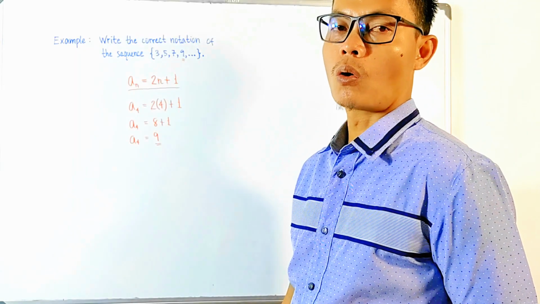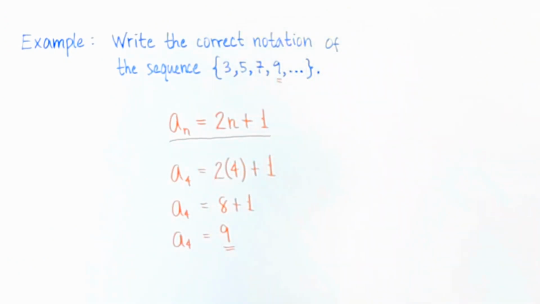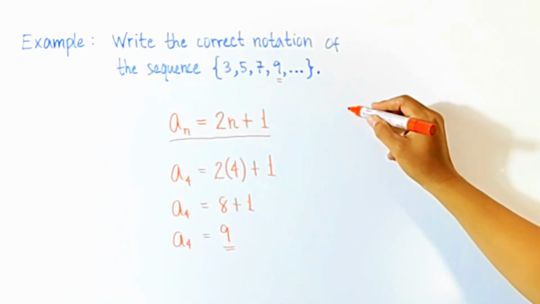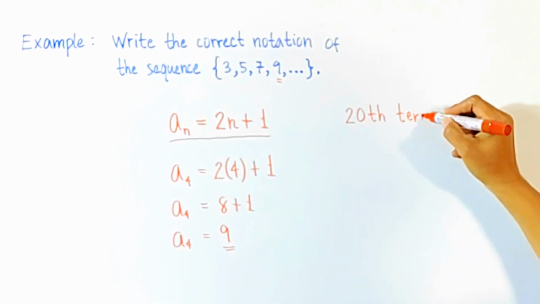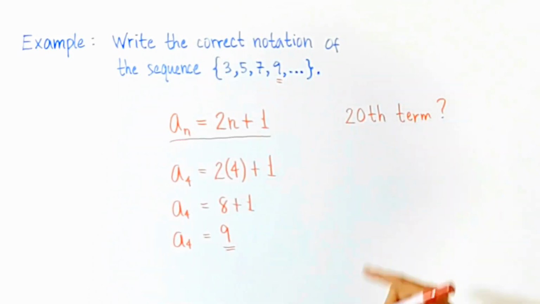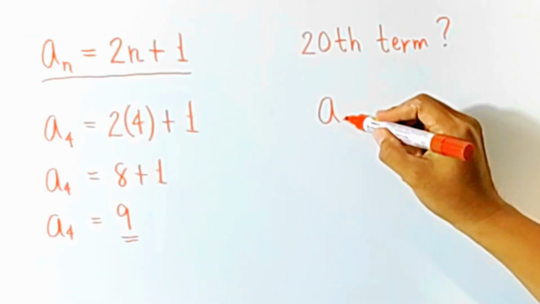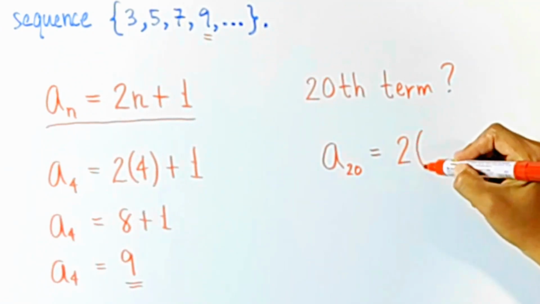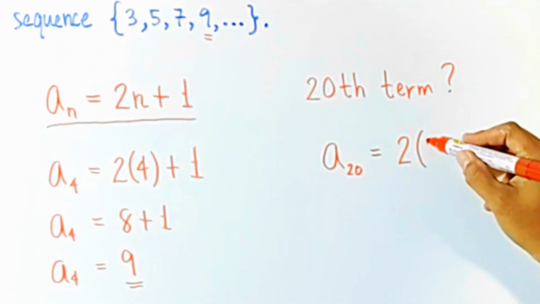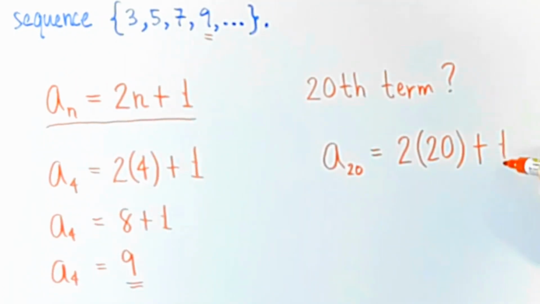How about if we are going to find a term higher than this number? Let's say, what is the 20th term in this given sequence? All we have to do is just apply this notation. We have A sub 20 is equal to 2 multiplied by the value of n, which becomes 20, added to 1.